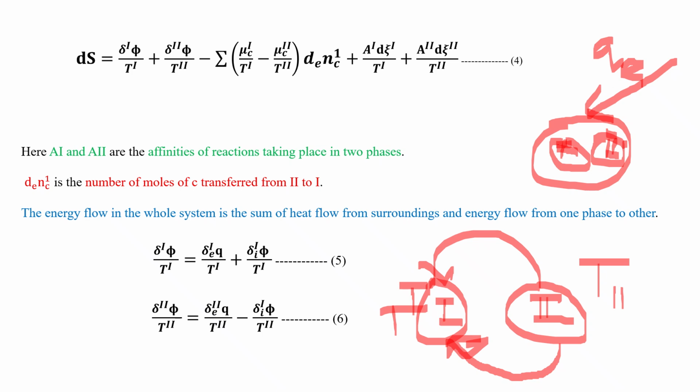Here also in the numerator it is given as d_1 i pi. That much amount of energy gained by system 1 is the same amount lost by system 2.